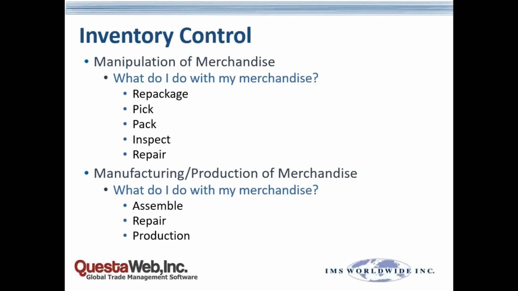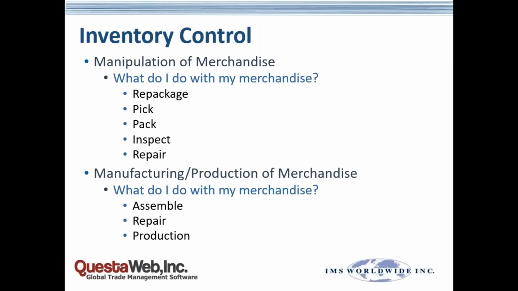So within your inventory control process, your warehouse management system, if you create work orders to do repackaging, or you have a pick list that's transmitted to the floor for picking to be done, maybe it's transmitted to a gun, or somebody's walking around with a piece of paper, depending on how complicated your processes are, the traceability of those reports needs to be there for justification to customs should you be involved in an audit, and they want to know what you have done with all the merchandise. But managing those manipulations is one element that's very critical.